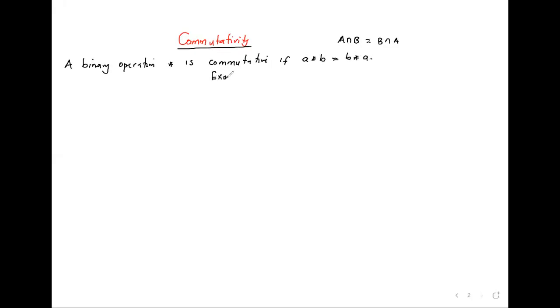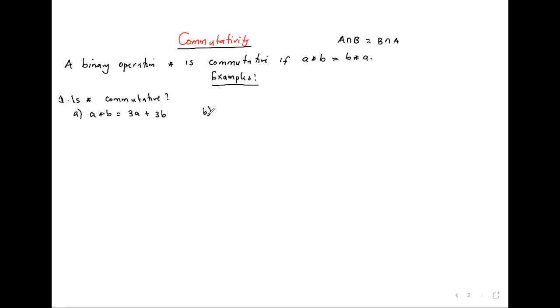Let's see. Is star commutative? A: a star b is equal to 3a plus 3b.